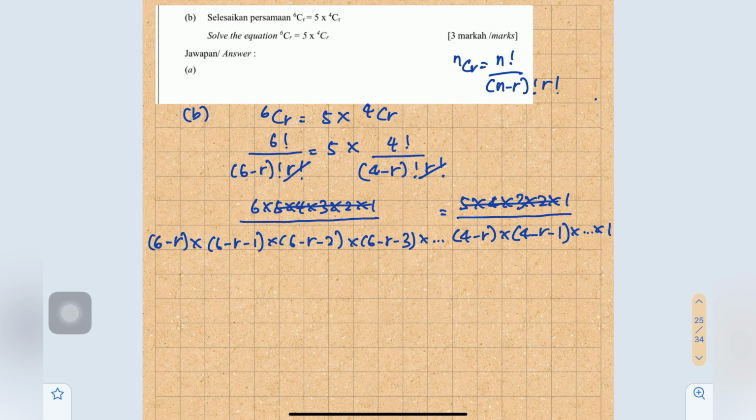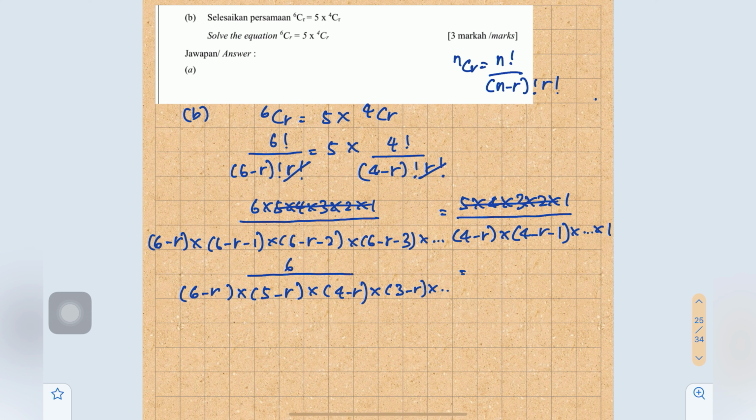Okay, so ni kita dapat 6. Okay, so yang bawah ni kita dapat 6 minus R, times 6 minus 1 is 5, sorry, 5 minus R, darab dengan 6 minus 2, 4 minus R, darab dengan 3 minus R and so on.